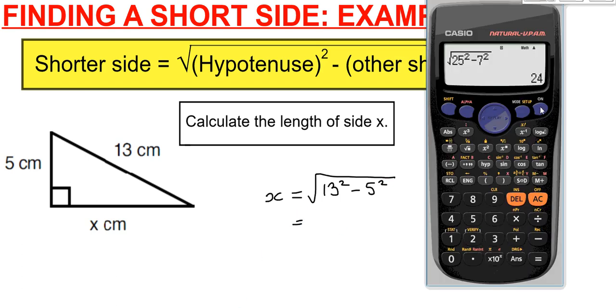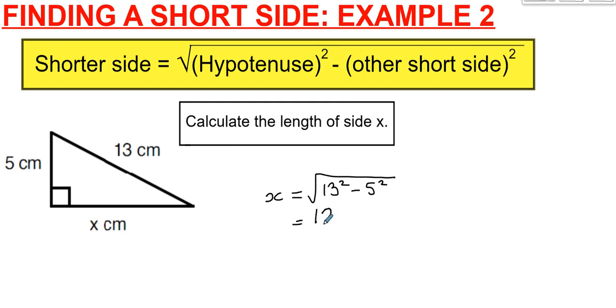So if you get out your trusted calculator, press square root, 13 squared minus 5 squared gives us 12. And so x would be 12 centimeters.